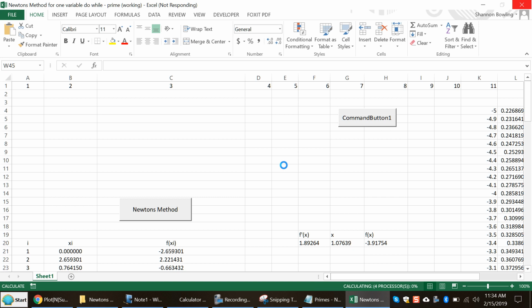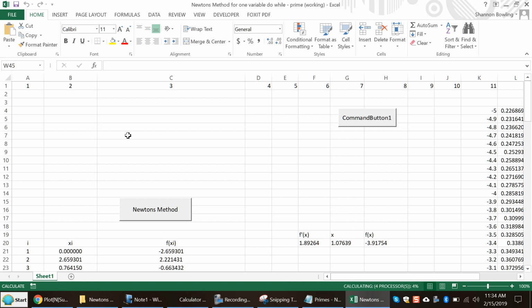I have it graphed over here, and it's having to update my graph. So I didn't think of that when I did all this offline. There we go. All right. Well, maybe not. I don't know if it's working.